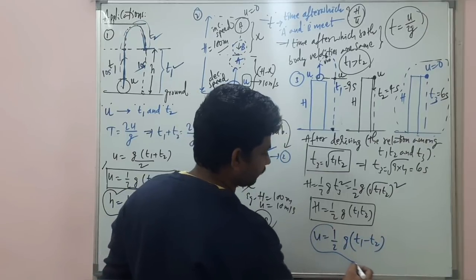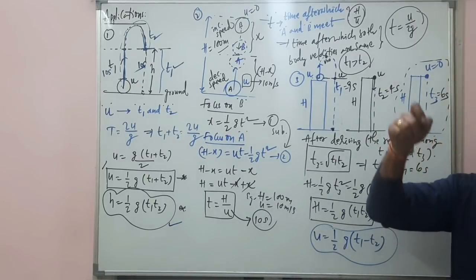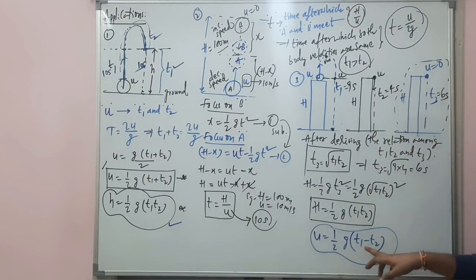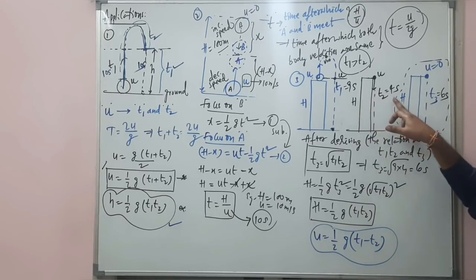That's the initial velocity with which we are throwing the body up and throwing the body down, the same initial velocity. T1 is greater than T2, right? That's why I wrote T1 minus T2. Okay, so let's take 9 and 4.